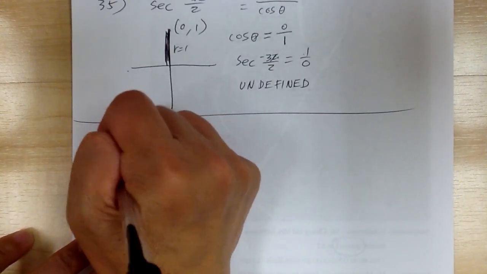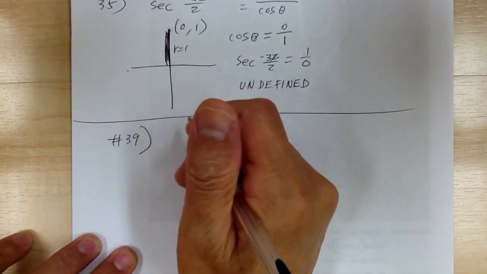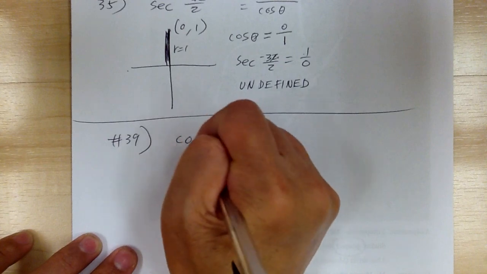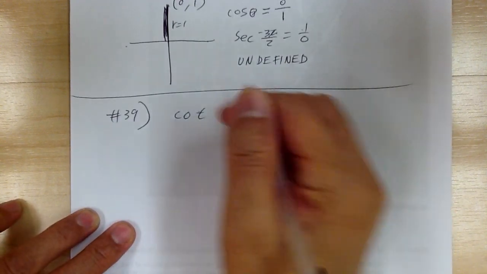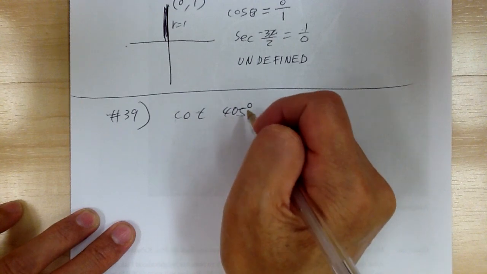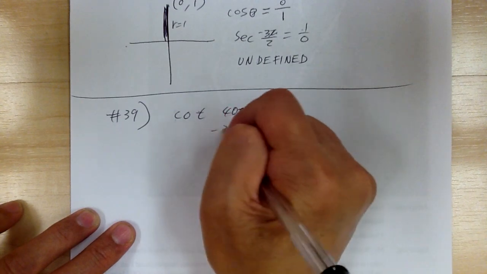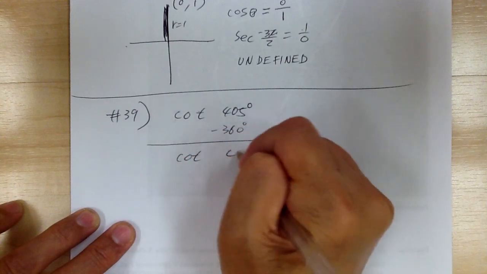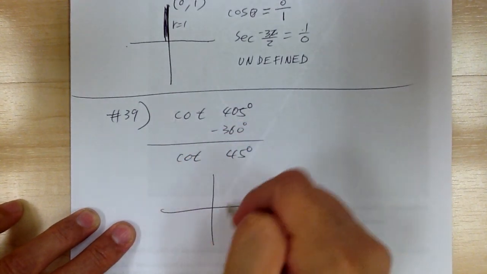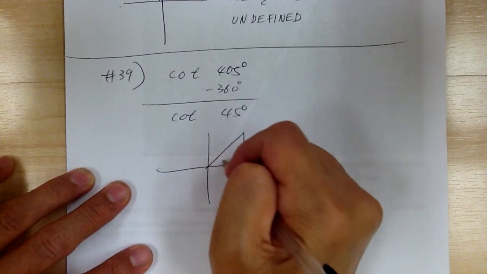Let's go to number 39. You're looking for cotangent of 405 degrees. In this case, you can use a coterminal angle. You can minus 360 to lower your angle, so you've got cotangent of 45 degrees. That one's kind of easy, so now it's a lot easier to do.